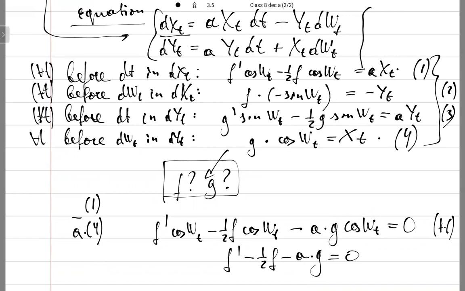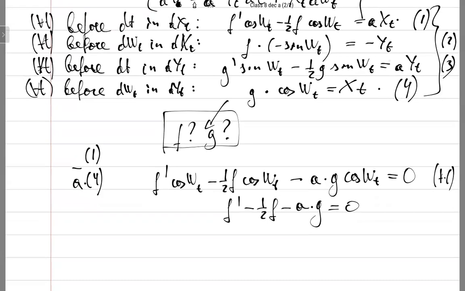So yes, you are right in the sense that cosine of wt can be 0 at some points. But we are searching for continuous functions for which this always holds. It's not sufficient to have some points killed by cosine.